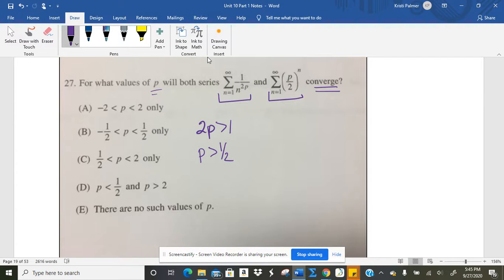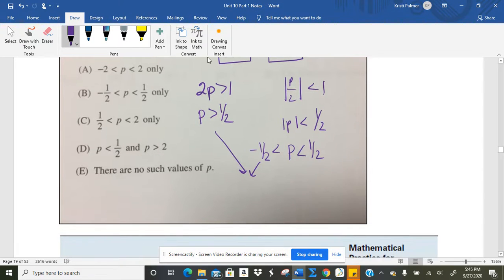And then over here with the geometric series, this would be where the absolute value of 2 over p is less than 1, where the absolute value of p is less than 1/2, or p is between 1/2 and negative 1/2. So now we've got to put these two things together. I like to just go back to some algebra that's not too bad.